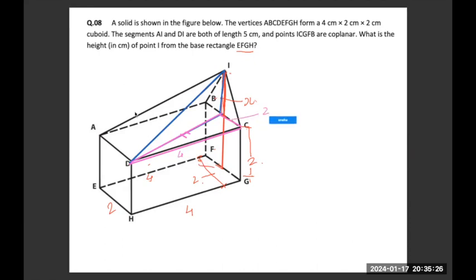So this point is X in triangle XDC. I'll say the hypotenuse is H. So H square will be equal to 2 square plus 4 square, which is 4 plus 16, which is 20. So H square is 20.